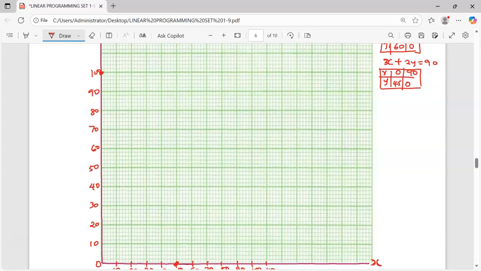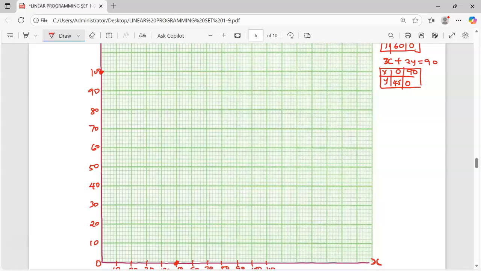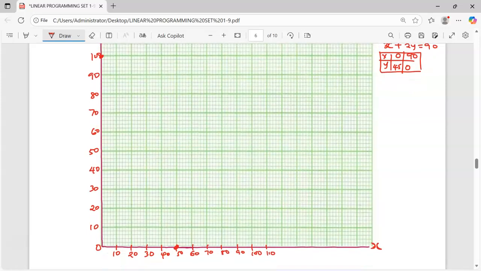Once we have done that, we come and draw a line from 100 down to 50. That is the line we have.